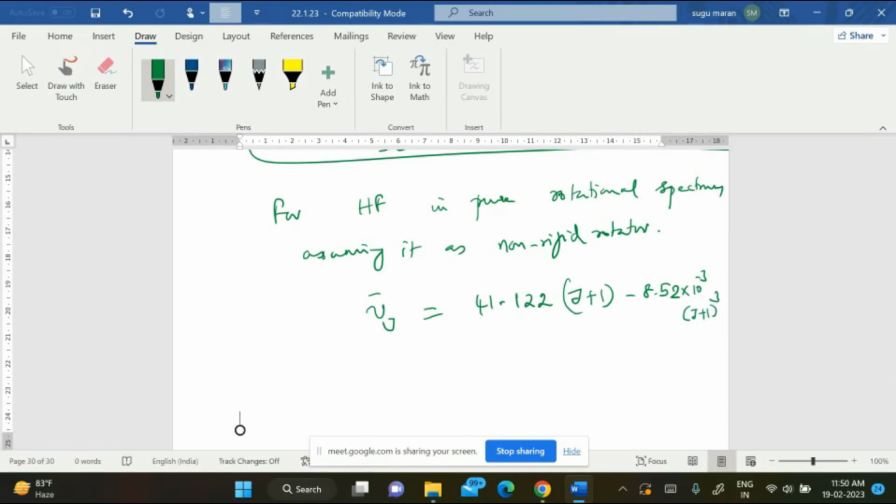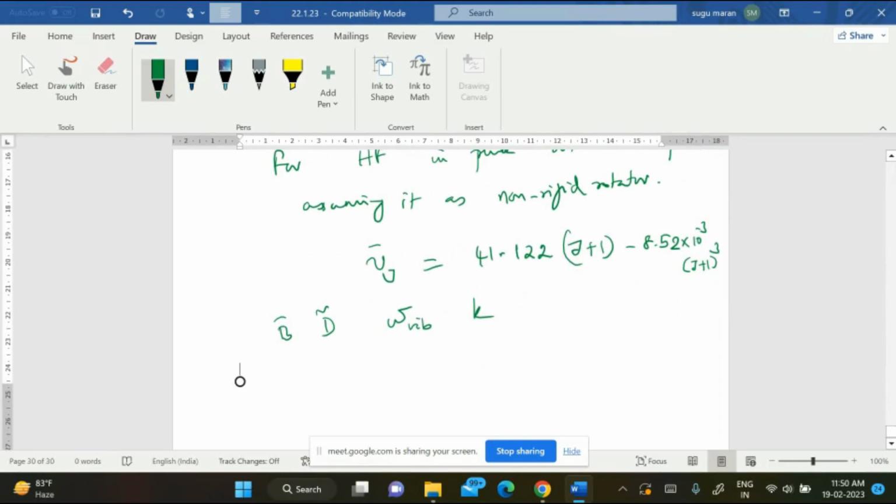So this is what they said. This is the wave number they give you. So you are asked to find out what is the B bar, D, and the vibrational frequency and force constant of HF.